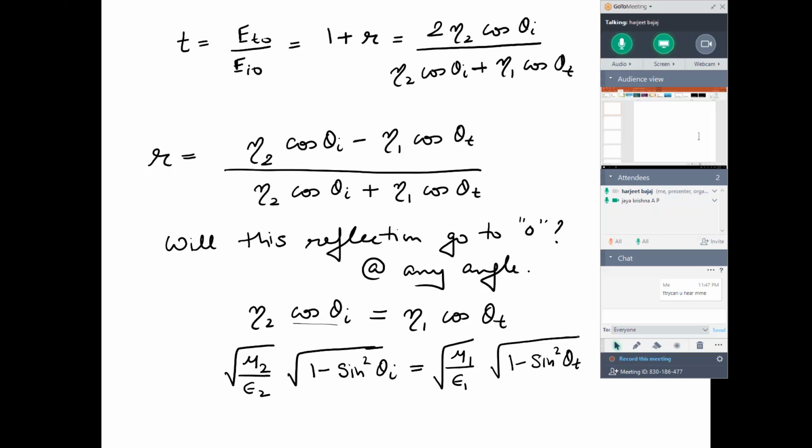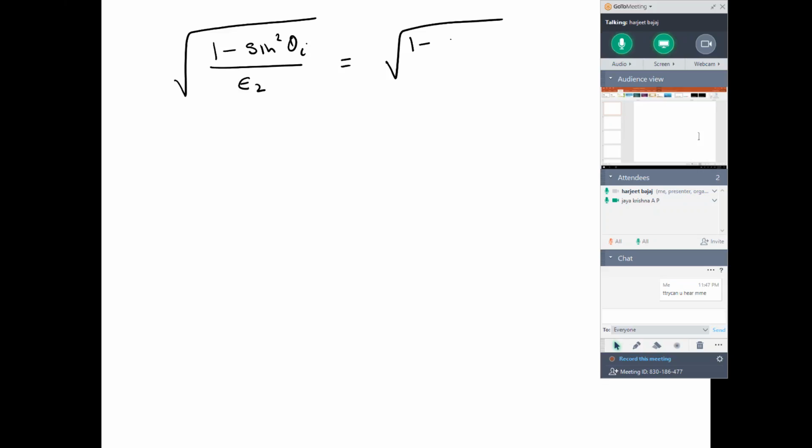So far I have written it generally, but if μ₁ is equal to μ₂ is equal to μ₀, then this would cancel out, and what I would be left with would be 1 minus sin² θᵢ by ε₂ has to be equal to 1 minus sin² θₜ by ε₁.